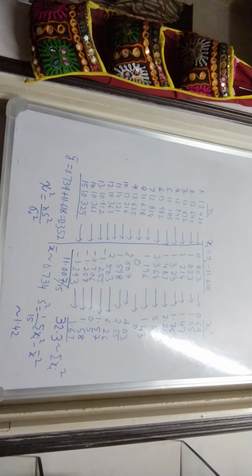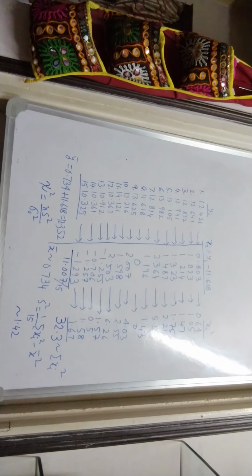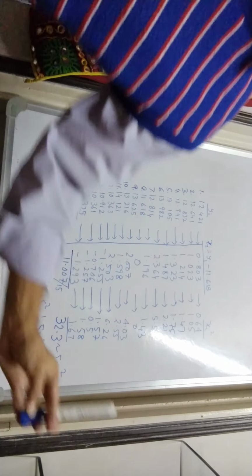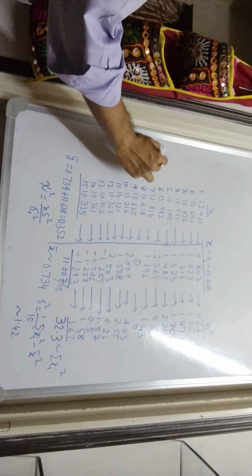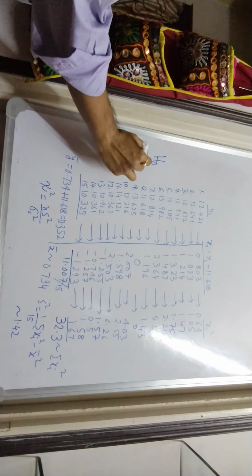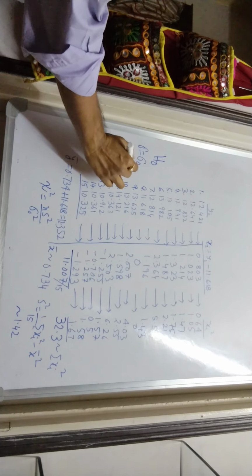Or we may represent this as an absorption level of a particular drug in a particular sample of blood. Whatever it be, we are to test a hypothesis in which we would like to test the null hypothesis H naught, which states that the standard deviation of this sample is 1.151.